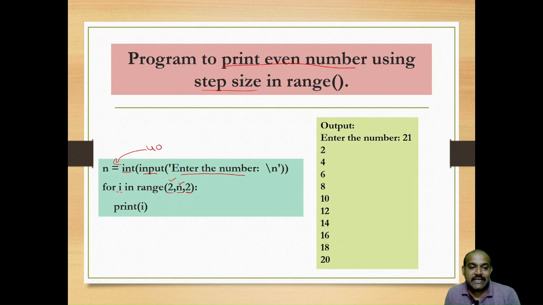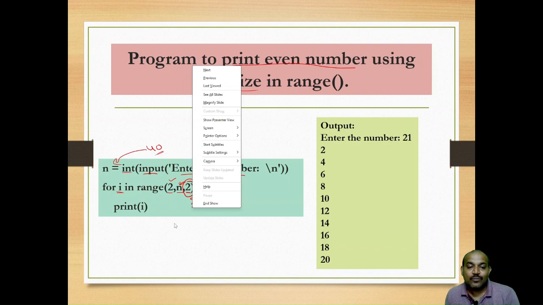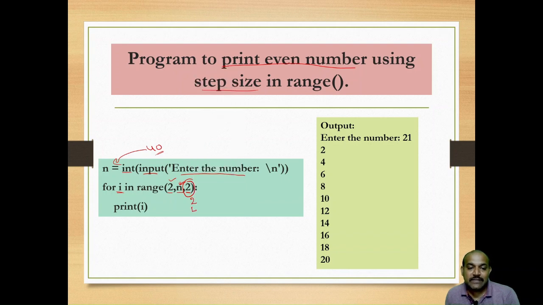Initially i takes the value 2. Is 2 in the range of 40? Yes. Therefore it enters the for loop and prints 2. Next time i does not become 3, because my step size is 2. It takes the value 4, that is 2 plus 2, and prints that.